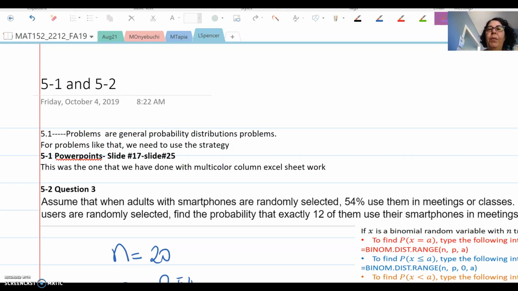So problems for 5.1, right? You need to think about those probabilities generally. Any probability distribution problems: how do we find the mean and how do we find the standard deviation of a probability distribution? That's what you need to think of when you look at it.